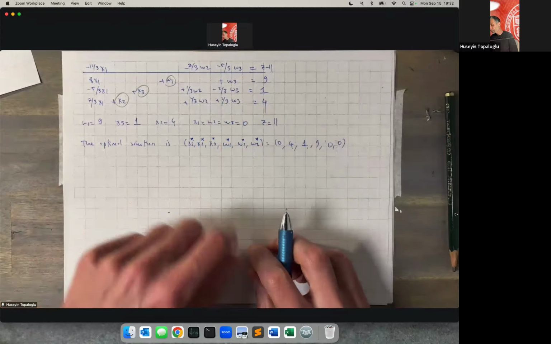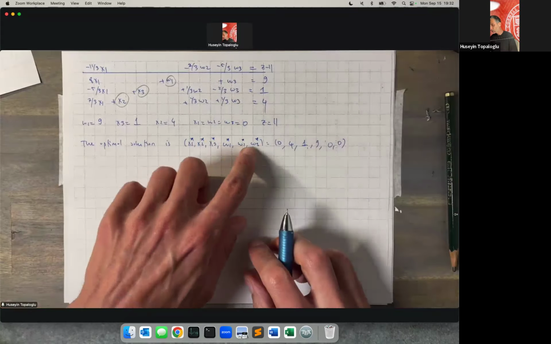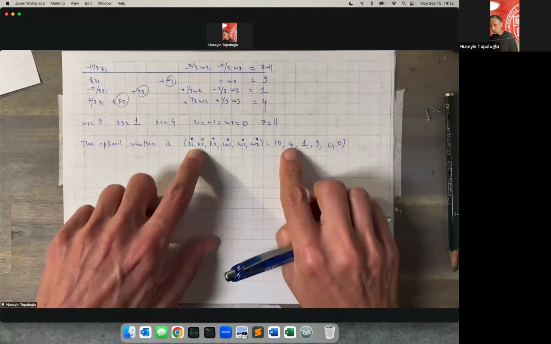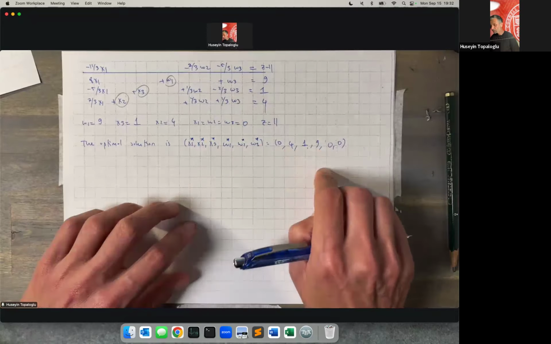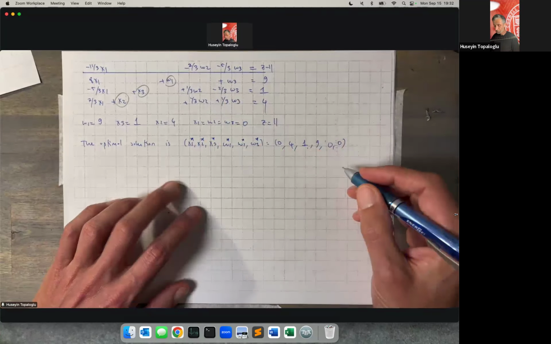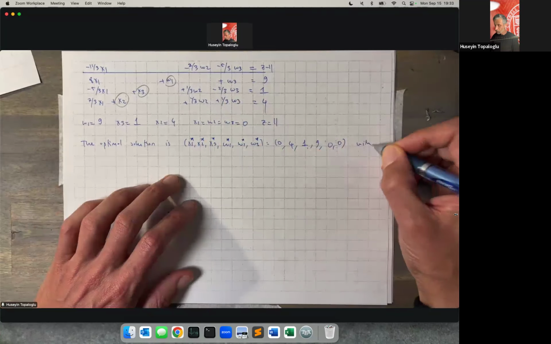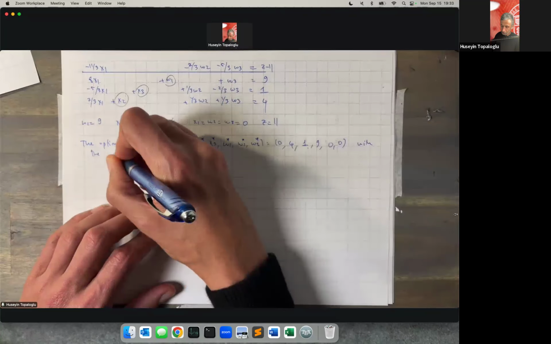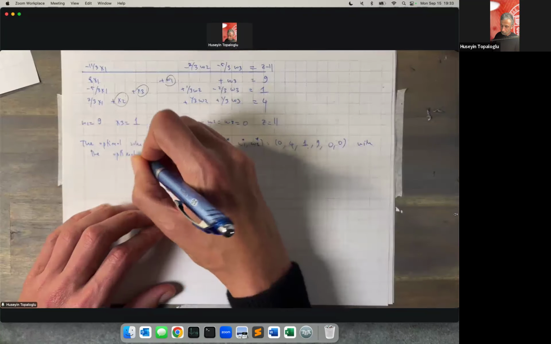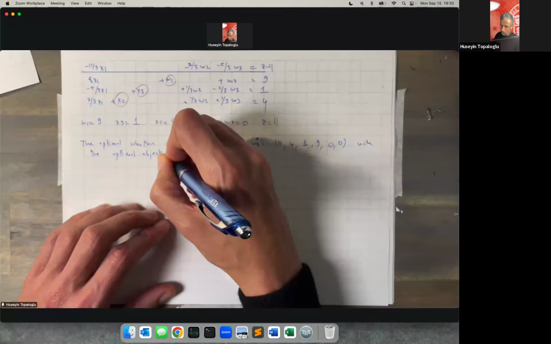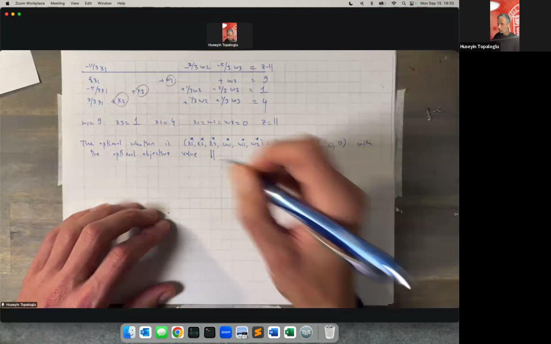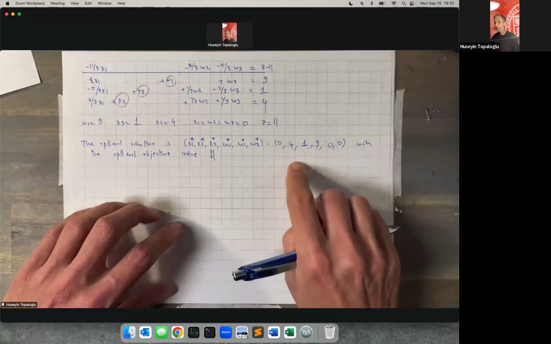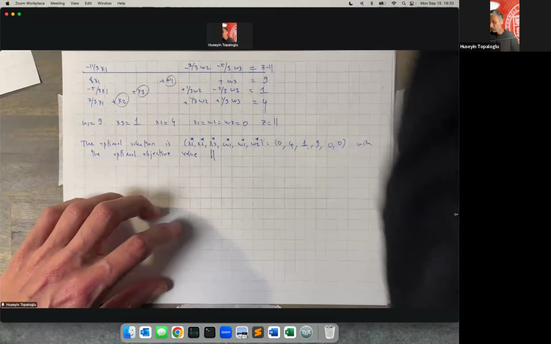So the optimal solution to the LP is x1 is 0, x2 is 4, x3 is 1, w1 is 9, w2 and w3 are 0, with the optimal objective value of 11. And you can plug this solution into the objective function and see that that's also going to give us an 11.